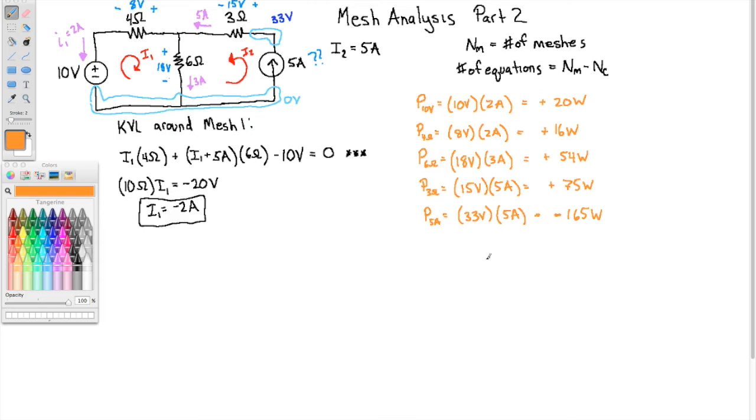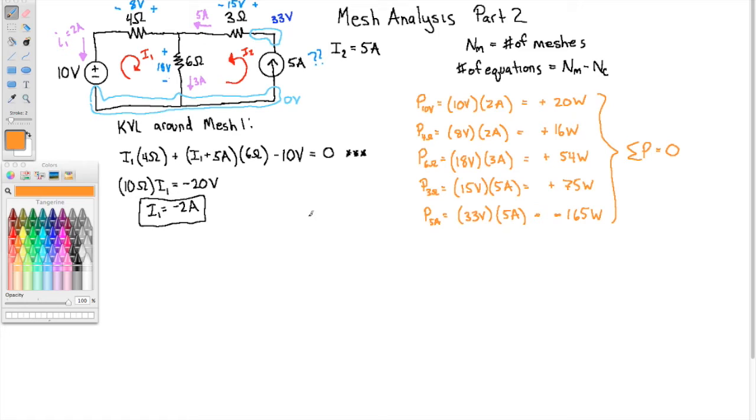So that's negative. And if we take all of those and we sum them, we should get, and we do, we get 0. That is to say, this is a closed circuit, right? All of the power that's being supplied is absorbed by the other components. Okay, that's mesh analysis with a current source.